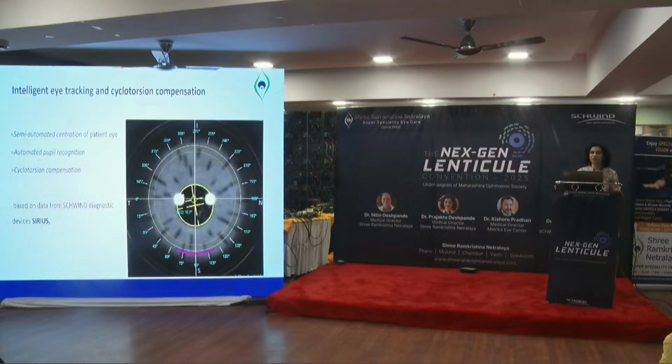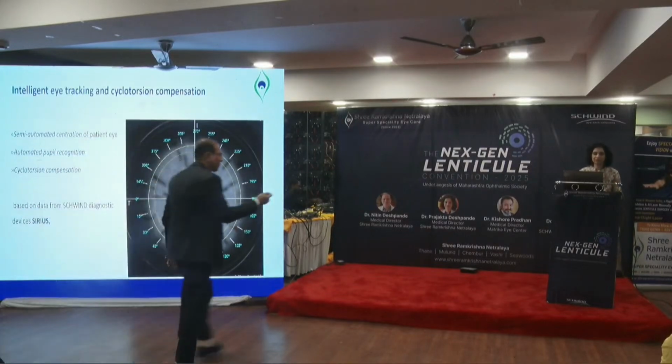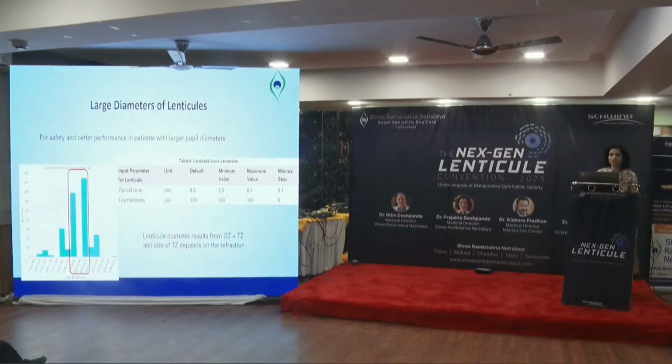We take images on the Sirius topography and export those images to the ATOS machine, and when we take the patient under the laser, we see this kind of image. In this image you can see that automated pupil recognition has been done by the machine, and in cases of patients having a large angle kappa, it helps to avoid edge glare, especially at night.